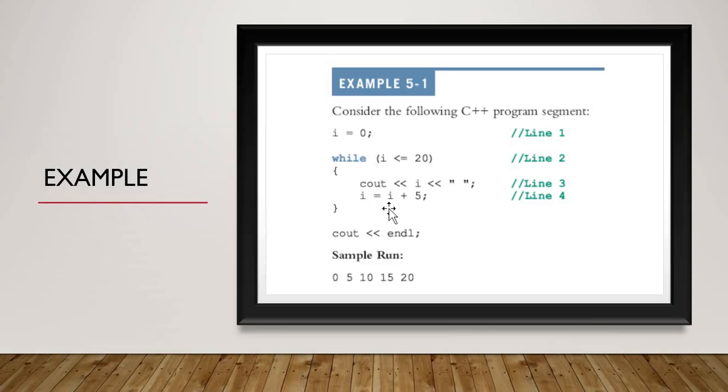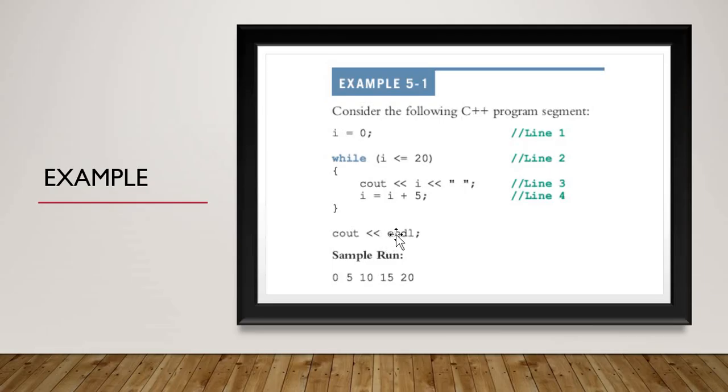After updating the value of I, we check the condition again, whether it is still true or not. If it is still true, we go inside the while loop body again and execute cout I, and so on. When the expression is false, we skip and go to cout endl.